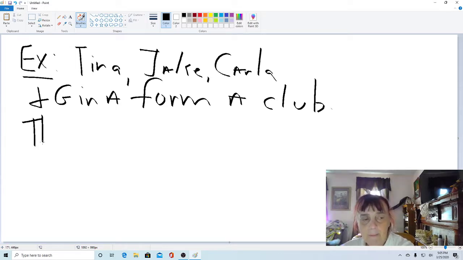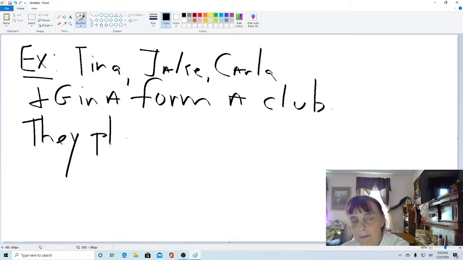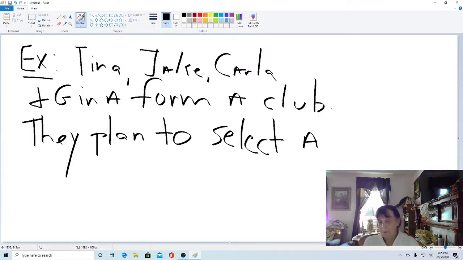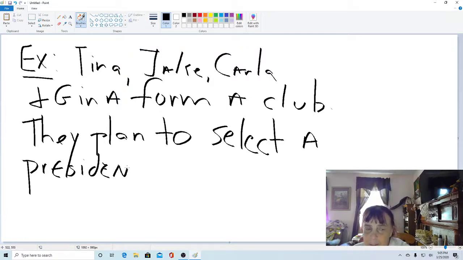They plan to select a president and a vice president.